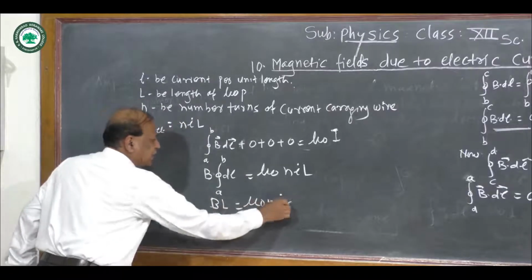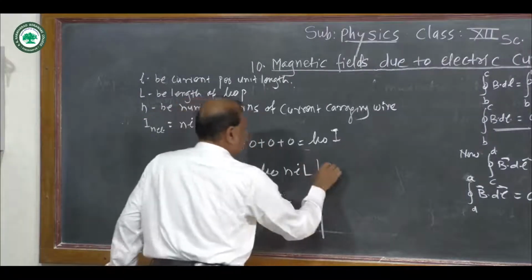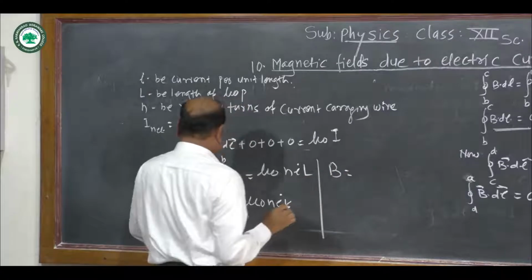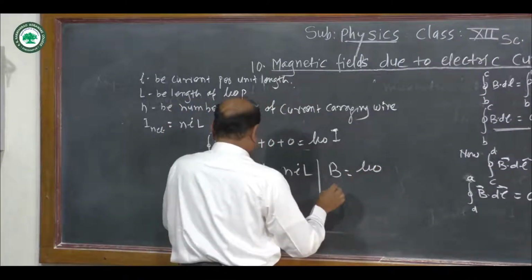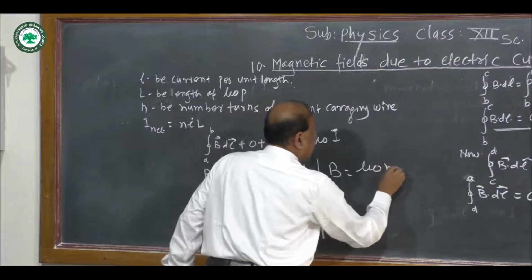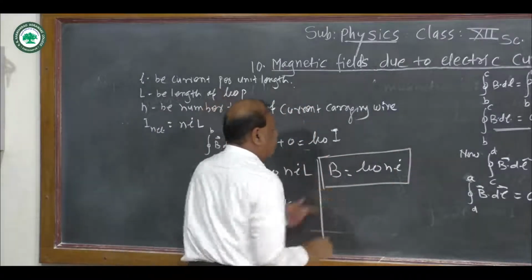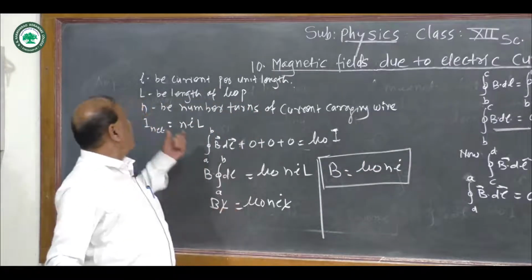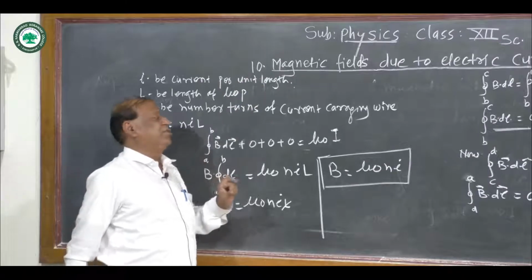Okay, this L gets cancelled, and then the value of B, that is the magnetic field of a solenoid, is equal to mu 0 Ni, where i is the current per unit length.